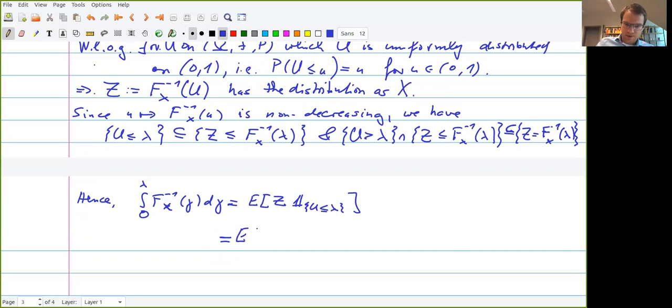Okay, what is this? Well, this is nothing else than, I apply here my inverse distribution function. If I apply this, my U becomes a Z, and here I have the inverse of the distribution of X applied to lambda.